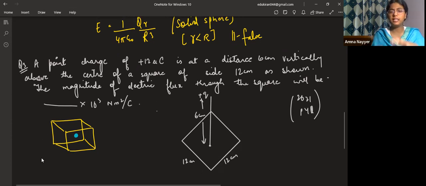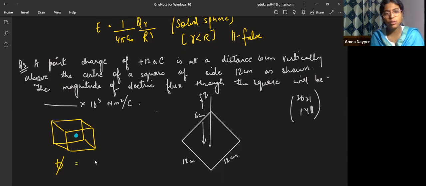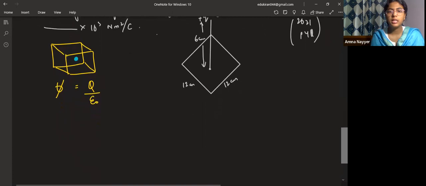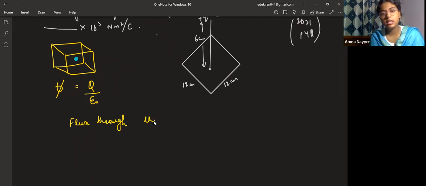I can say the total flux through the cube is Q divided by epsilon naught.